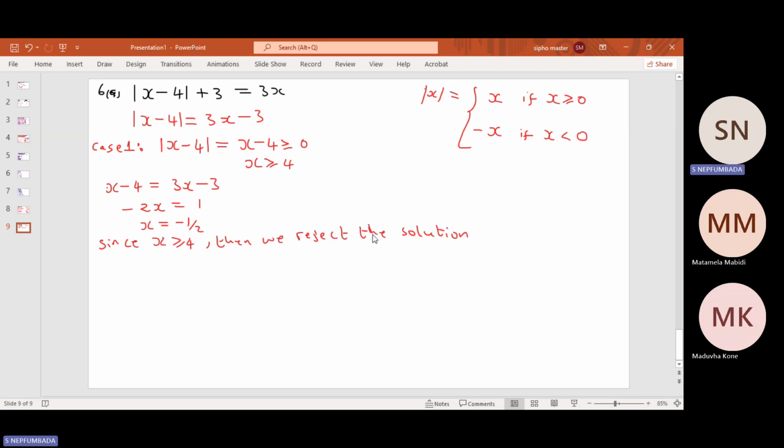Are we good? Okay, is our negative half greater or equal to 4? Hmm? Guys, you're quiet.